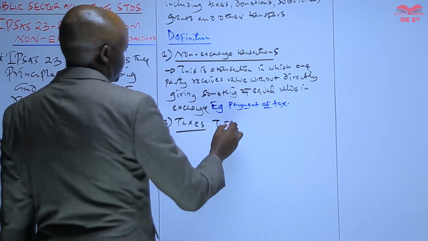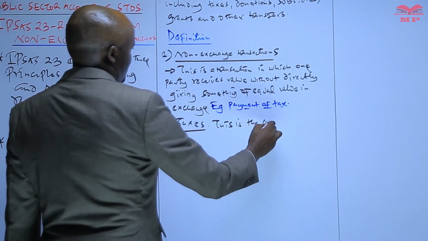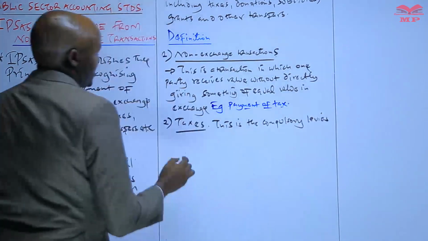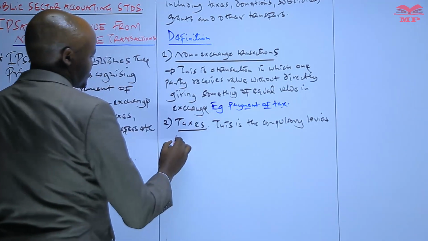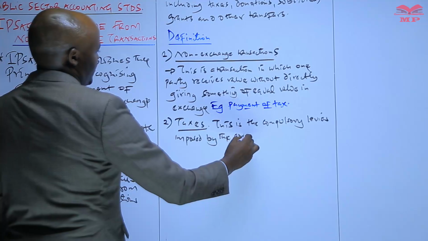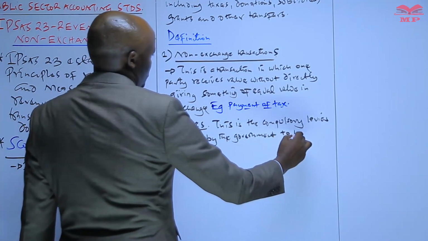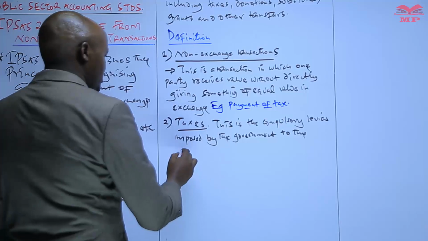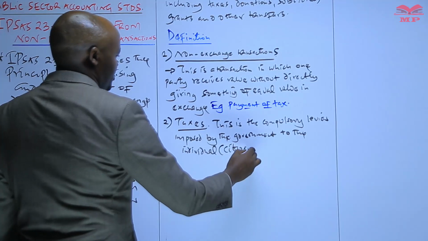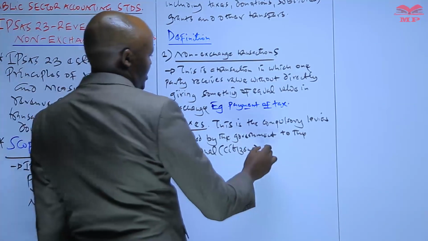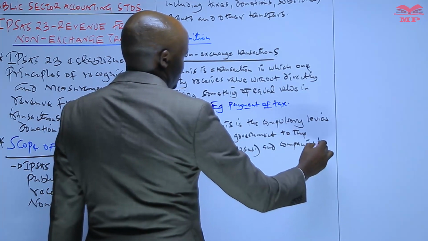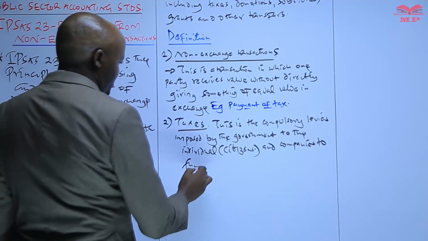So we can say that these are compulsory levies imposed by the government on individuals, in this case the citizens, and companies to fund public expenditure.